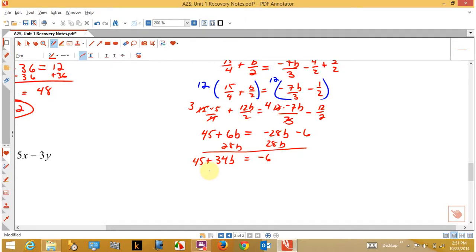And now then, I'm going to subtract 45 from both sides. And I'm going to have 34b is equal to negative 51. So b is equal to a negative 51 all over 34.